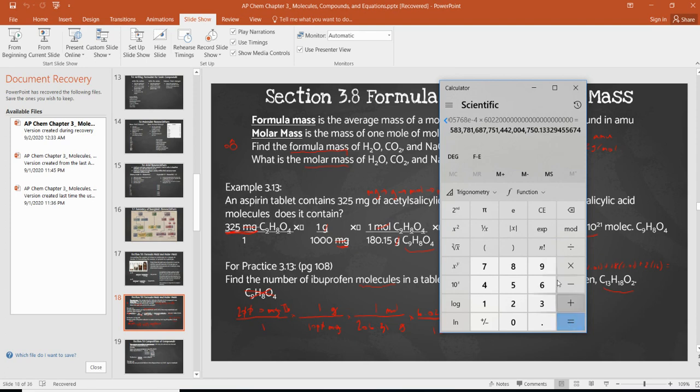Okay, did not give it to us in scientific notation. 5.84 times 10 to the 3, 6, 9, 12, 15, 18, 19, 20. 5.84 times 10 to the 20th.